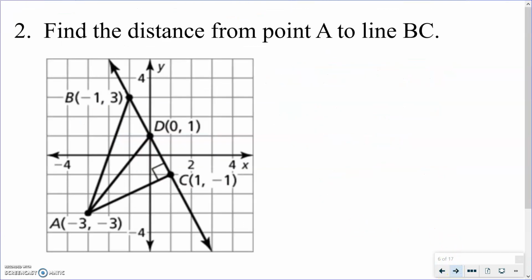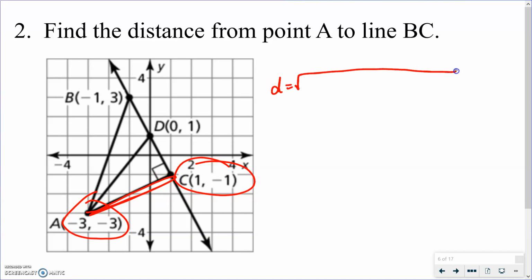Let's do another one. So the first thing we want to do is think about perpendicular. So we're going to find the distance from point A to point C, because point C is the point on the line where this is the perpendicular segment from the point that we're finding the distance from, so point A. So again, we're going to do our distance formula. I'm not going to write it out again for you, but we're going to use it, and we're going to do 1 minus -3 squared plus -1 minus -3 squared.